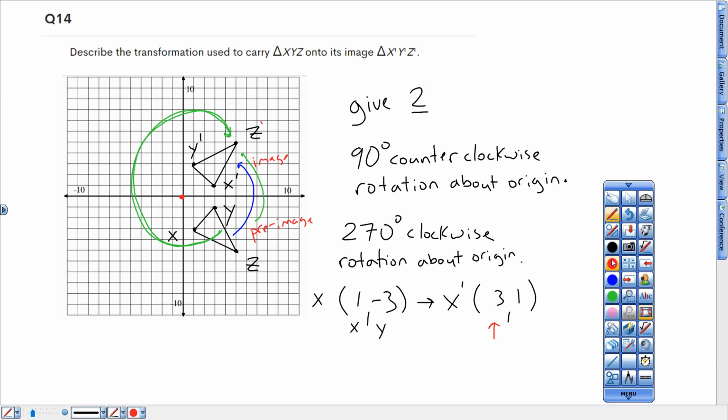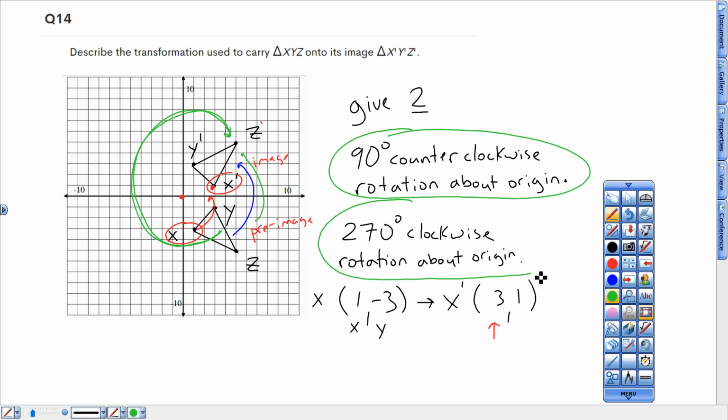And you can see that is right there. The new X is 3, 1, shifted to the right. So again, on this 90-degree counterclockwise rotation about the origin, or another way to get there, 270 clockwise rotation about the origin. All right, here we go, almost done.